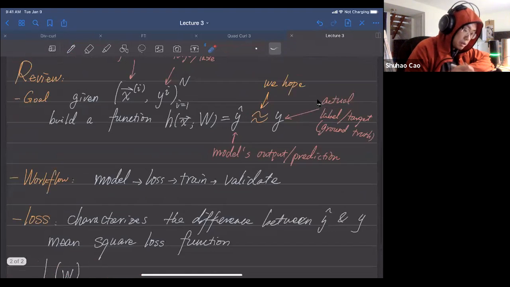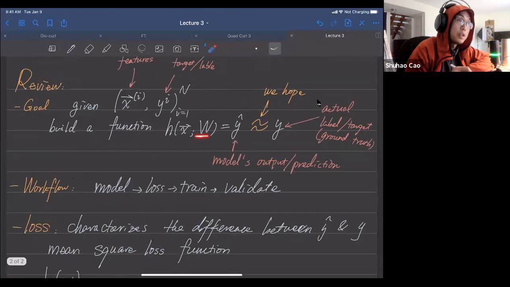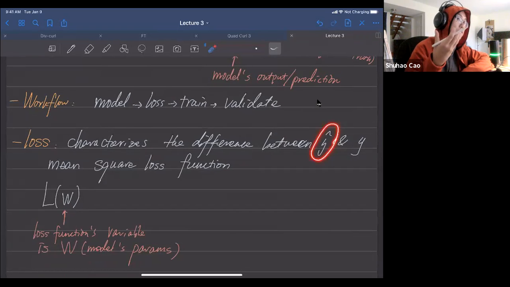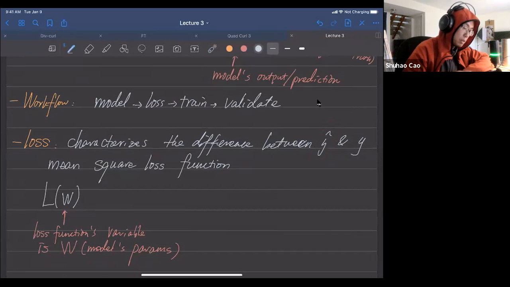In our model function, the weight, or say the parameters, are our parameters, and this is the input, which is the independent variable. But in the loss function, keep this in mind: what the loss function does is characterize the difference between this and this. So it uses the model as our input, because this represents the predicting power of our model. So the loss function's variable is the weight, or say the parameters.